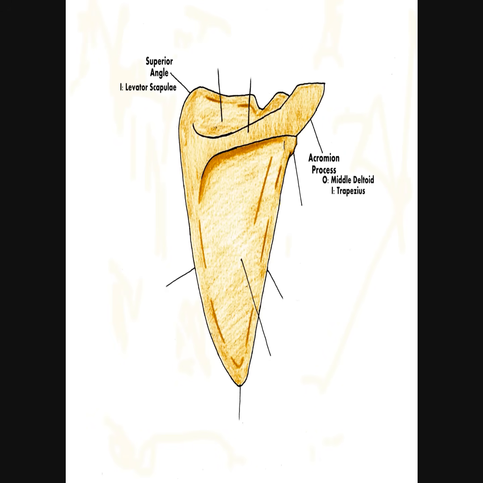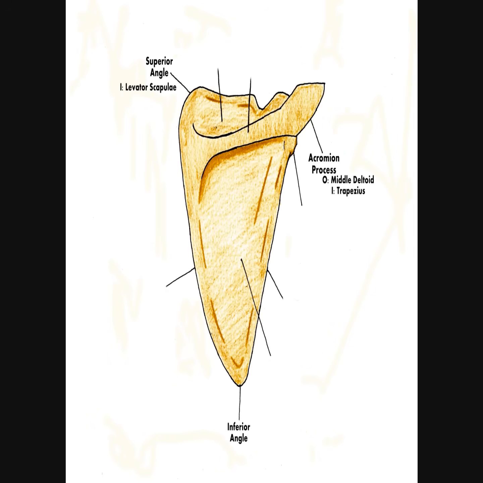So because we have a superior angle, we have to have an inferior angle. The inferior angle is going to be the very bottom point of the scapula, all the way on the inferior end. We have one muscle that originates on the inferior angle on the posterior side, on this side of the scapula.